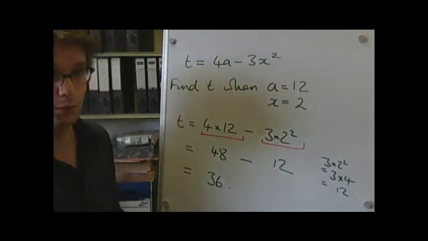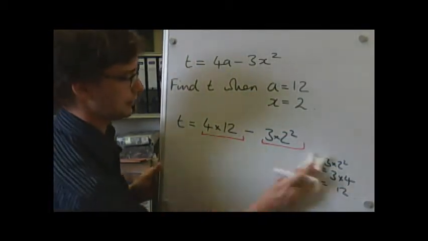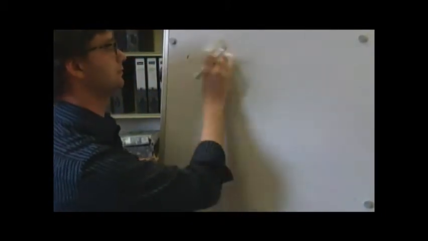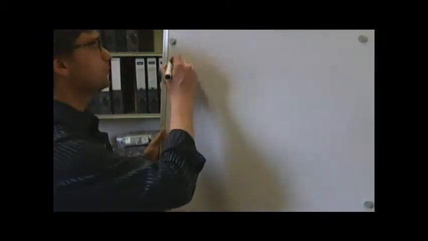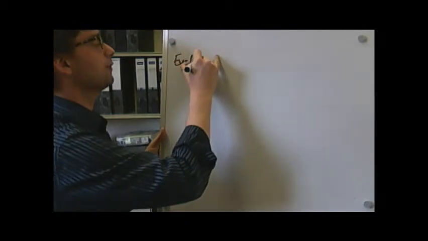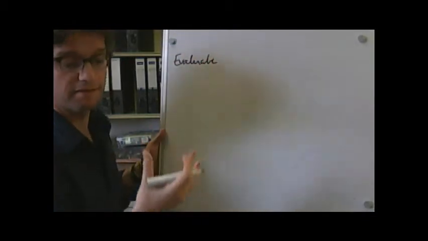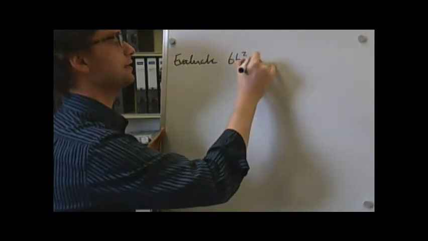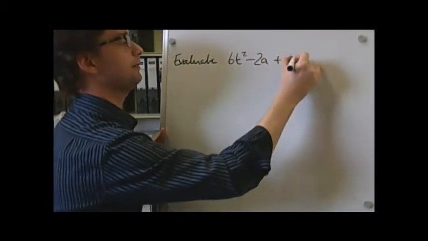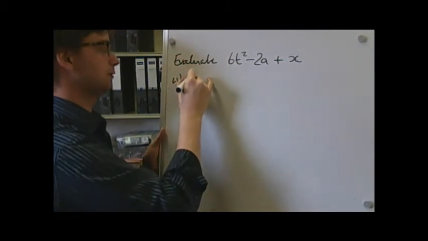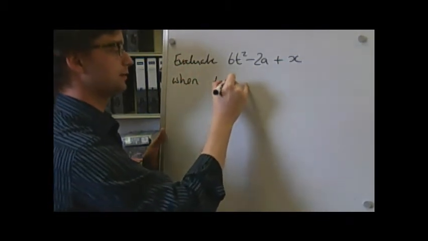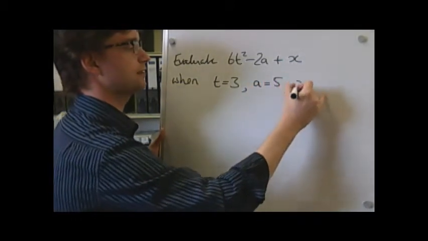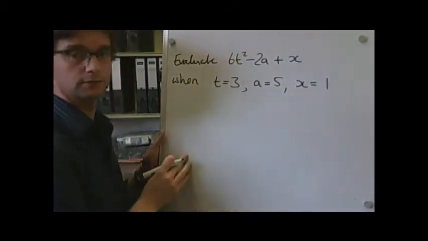Just to make sure, we'll do one more example. We could evaluate, or find the value of, 6t squared minus 2a plus x when t equals 3, a equals 5, and x equals 1.